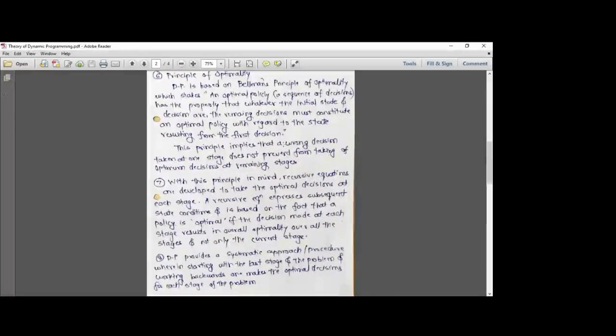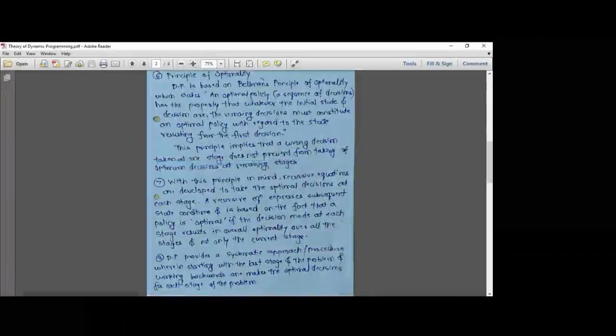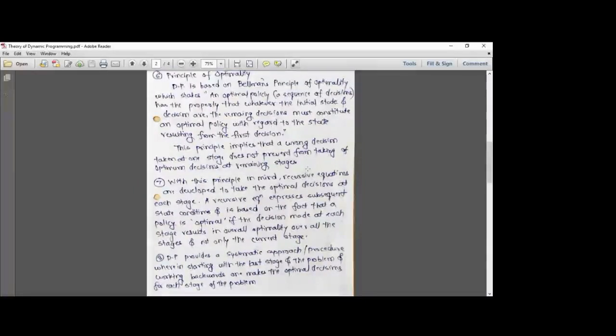Suppose we have taken the wrong decision at a particular stage. That particular wrong decision is not going to prevent us from achieving optimality or taking the optimum decisions at the remaining stages. Let's take the same example.